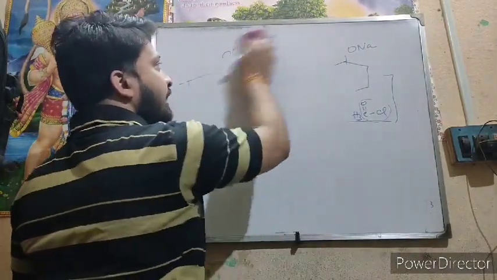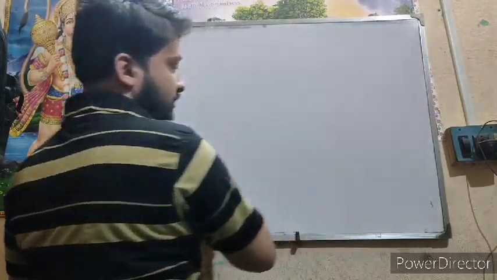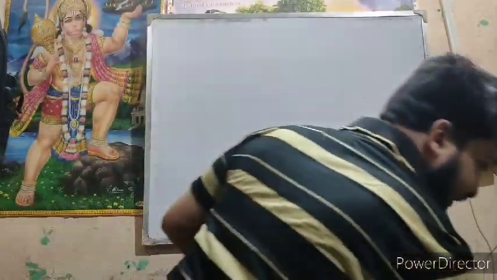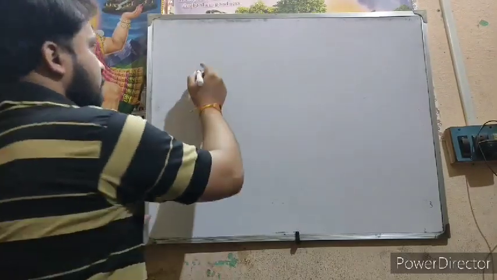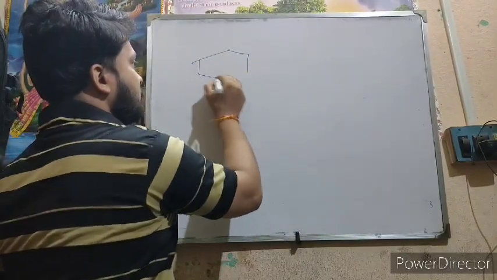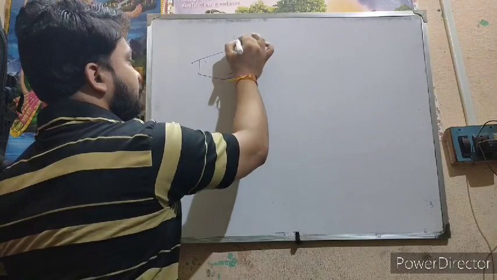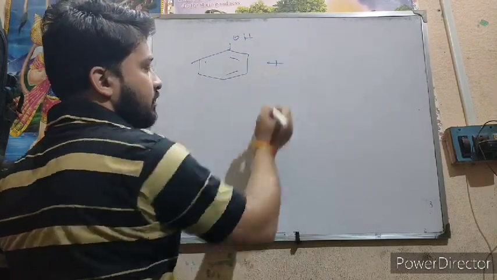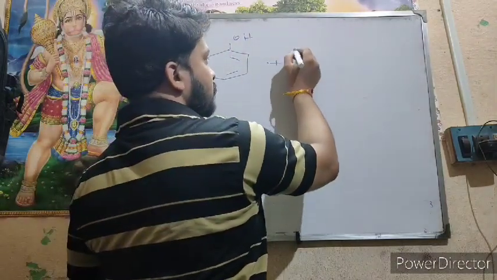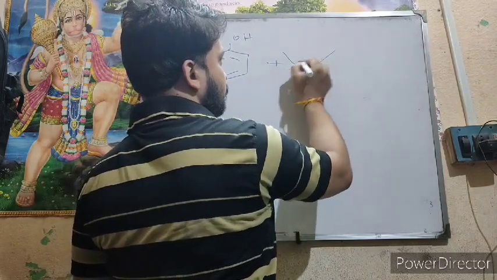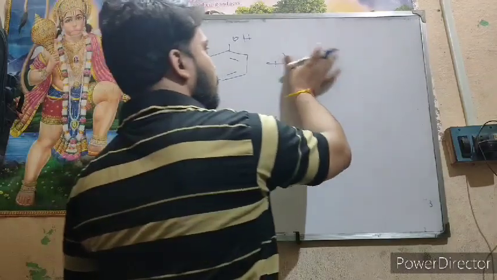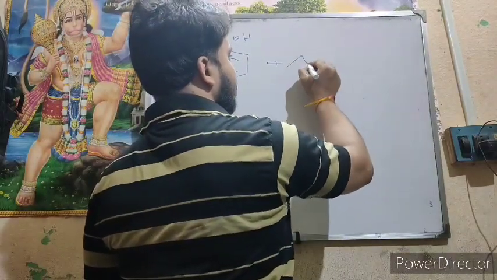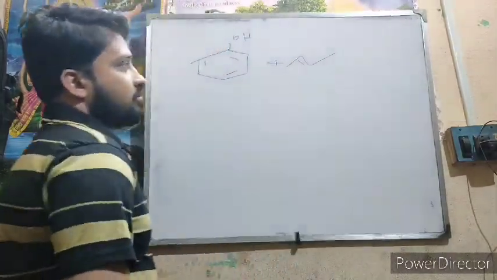Next one is Claisen reaction. If you take this phenol and you take this one also, you can write it in this way or you can write this also.